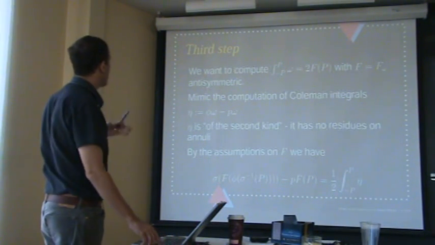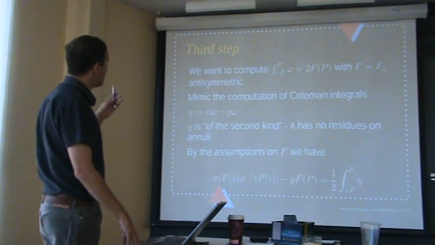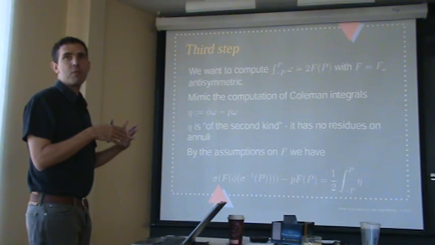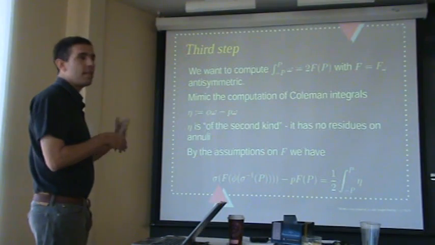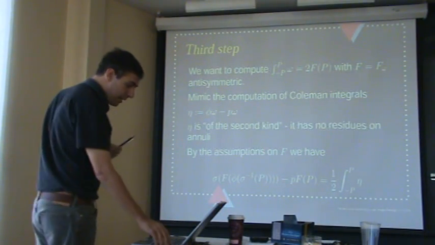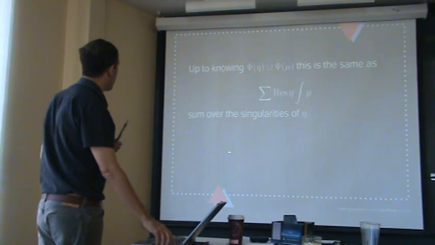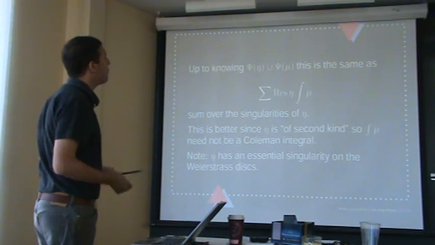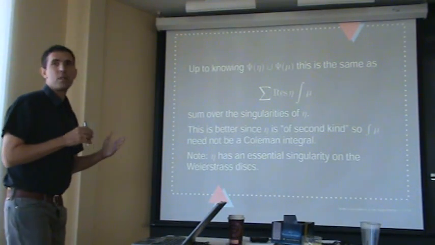So even if omega had only some very mild singularities, this phi is only defined on the complement of the residue disks of the Weierstrass points. And once I look at this eta, it actually has essential singularities at the disks of the Weierstrass points. And so that amounts to doing a computation of a residue where one of the forms has an essential singularity.